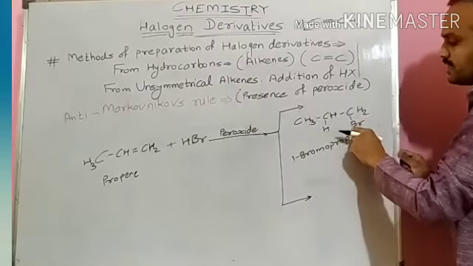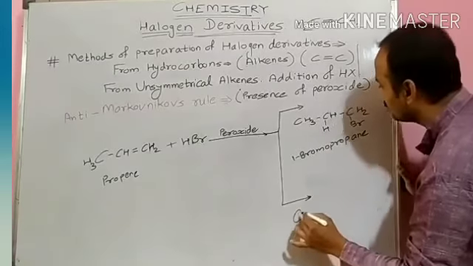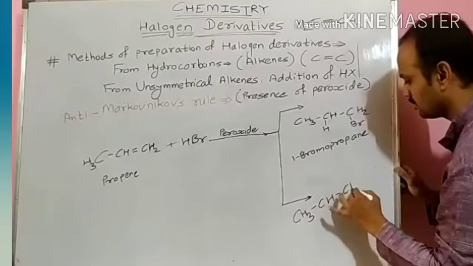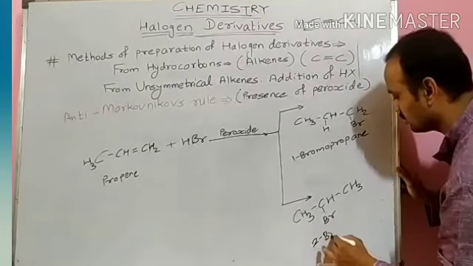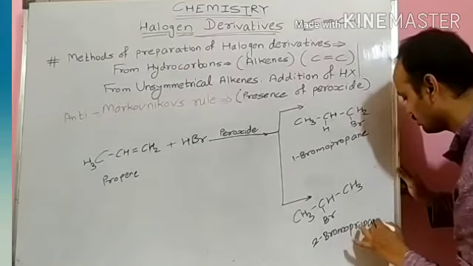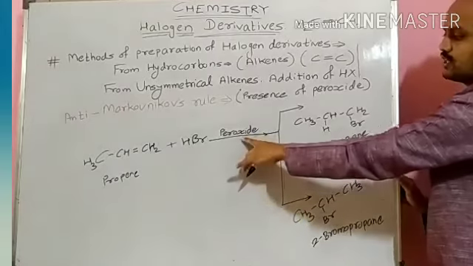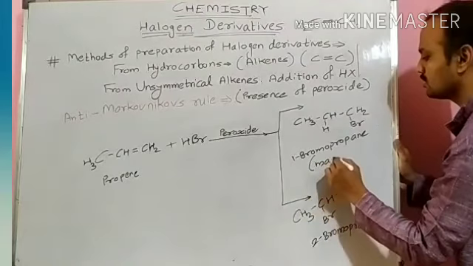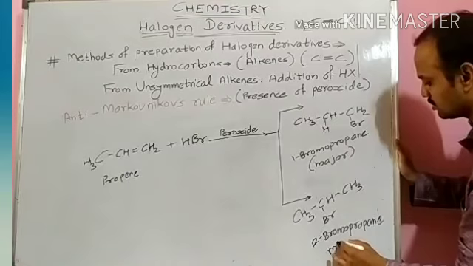And if bromine gets attached to the central carbon atom and hydrogen to the first carbon atom, the product will be 2-bromopropane. According to anti-Markovnikov's rule, because peroxide is used, this product is obtained, therefore it will be the major product and this will be the minor product.